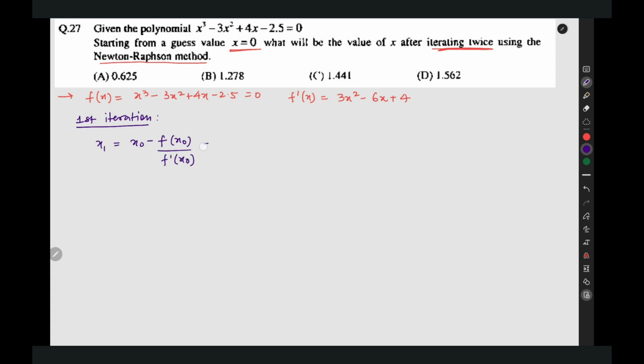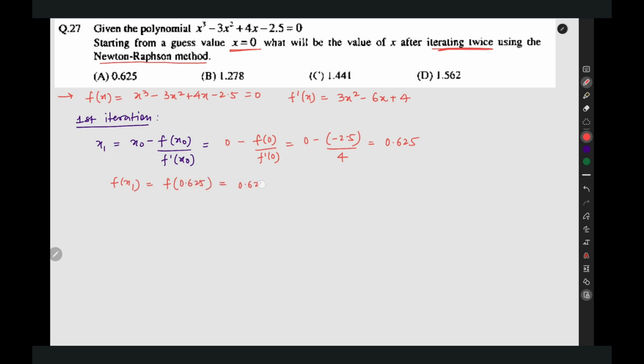We know the value of all, so we will substitute the values. We will get x naught equals 0 minus f of 0 by f dash of 0. It will be 0 minus, if we put 0 in place of x in the function, we will get minus 2.5 divided by, and we put 0 in the f dash x, we will get 4. After solving, we will get 0.625. We will determine f of x1, f of 0.625.